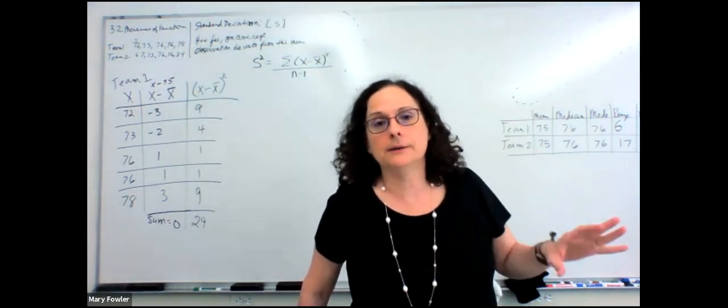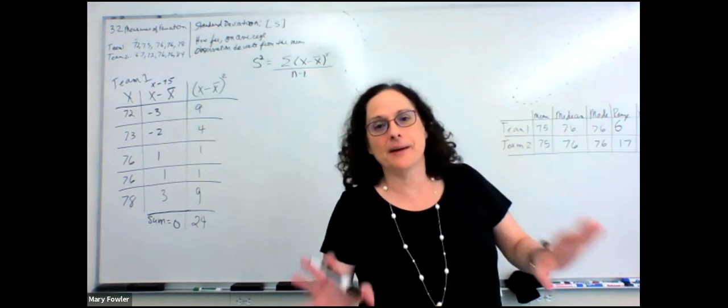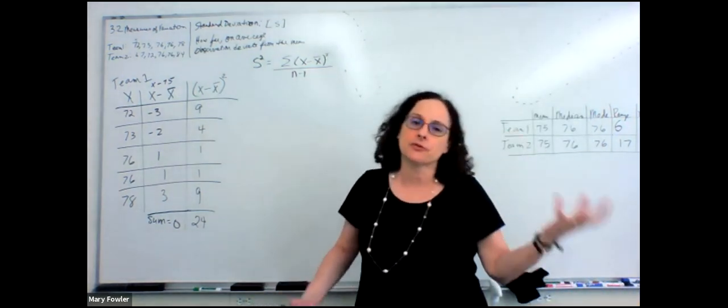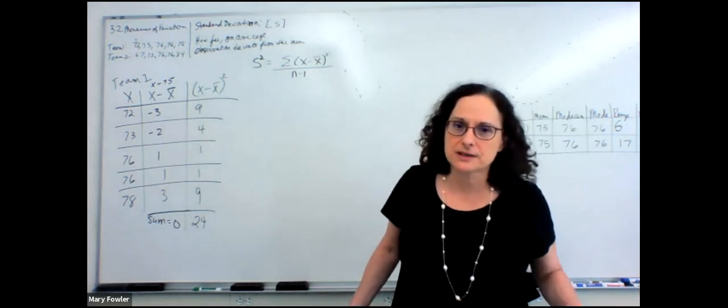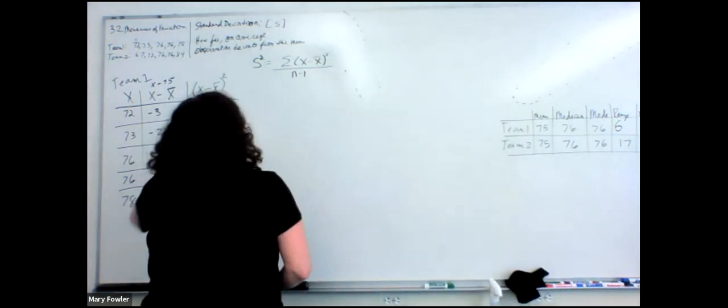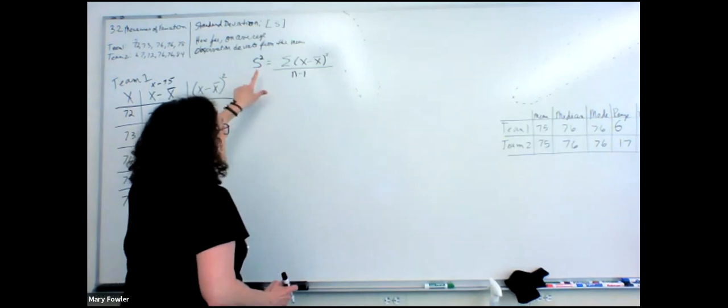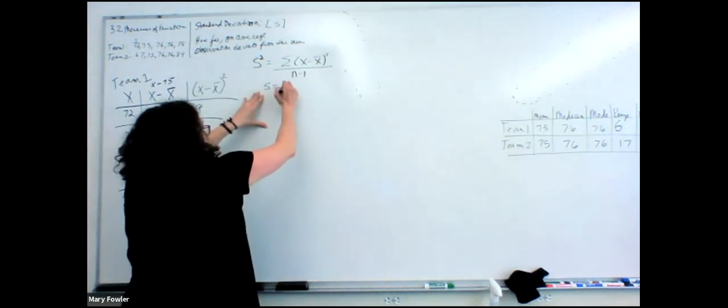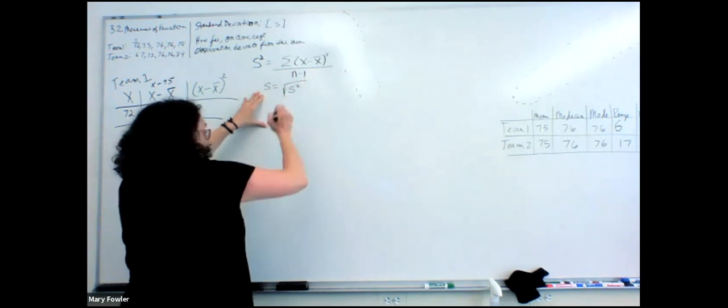So it's not the same formula, and it's important to keep what's going on in the sample separate from what goes on in the population, as we discussed in the last video. Okay, so this is the formula for the square of the standard deviation, and then the standard deviation is the square root of s squared.